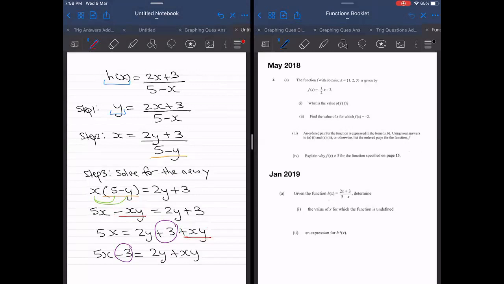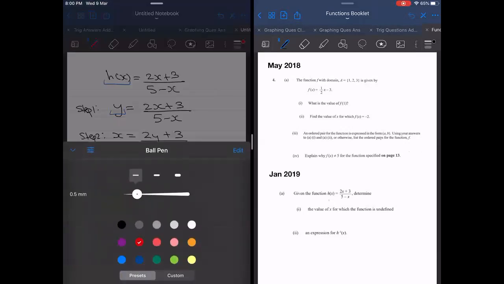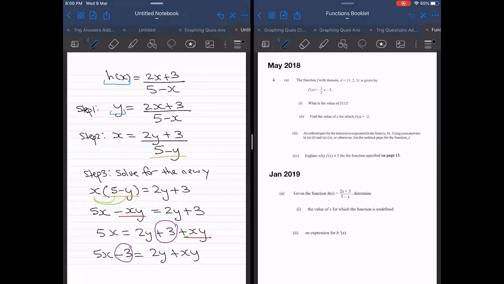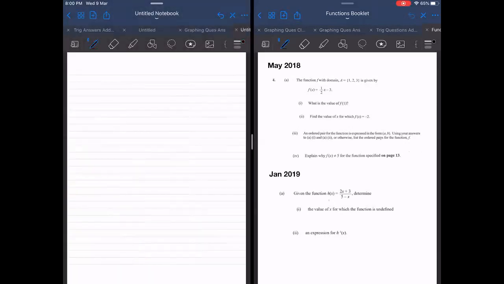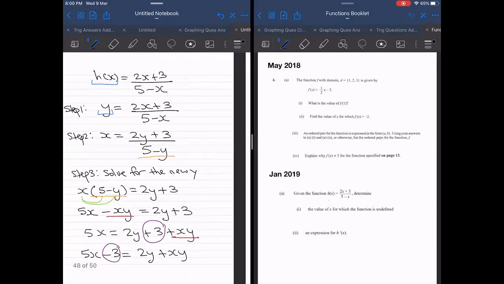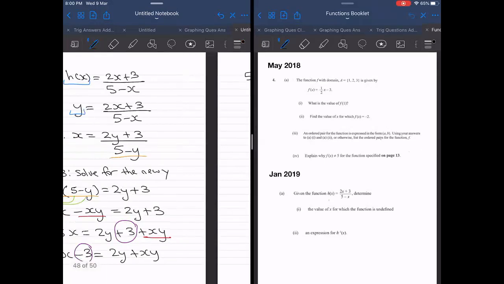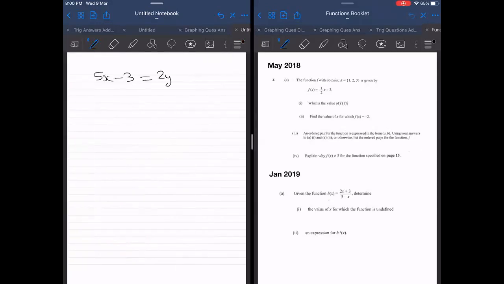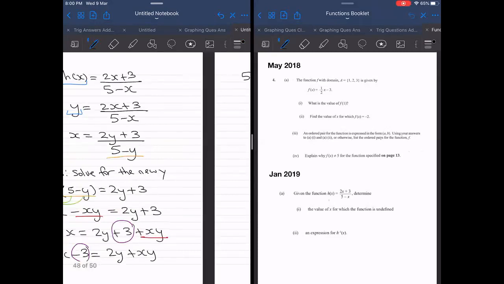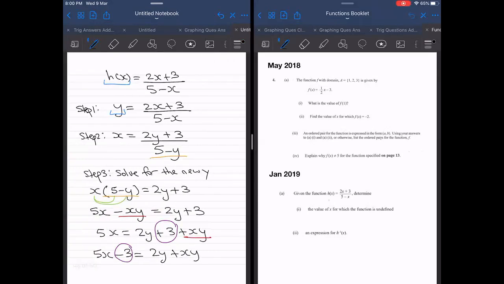But then I say, wait, I have the y's, but that 3 is out of place. That 3 doesn't have any y, so I want it to go over to the other side. So we have 5x minus 3 is equal to 2y plus xy. I'm going to finish solving, but just giving persons a chance to write up to this point.